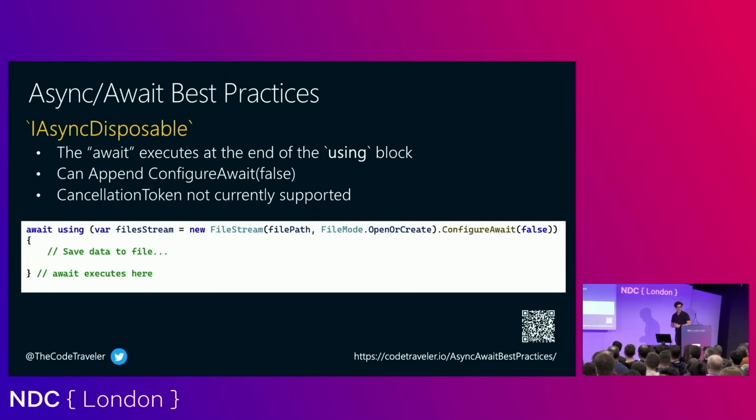All right, and we also didn't get a chance to talk about IAsyncDisposable, so we can show it off here. It's just like IDisposable, but you can await it. So this is really cool for certain things that take a long time to clean up. If you've never used IDisposable or IAsyncDisposable, it's basically a way for the creator of a class to clean up after itself.